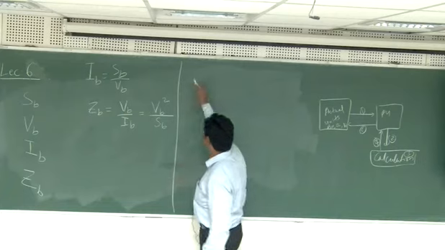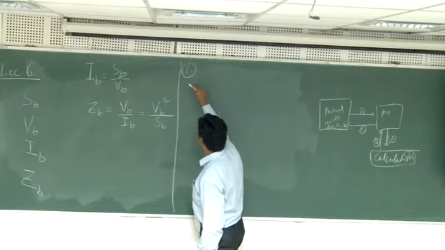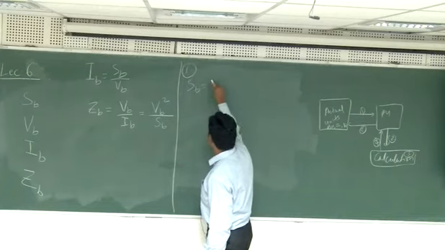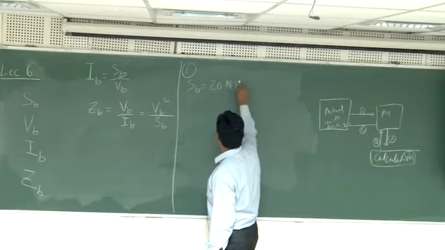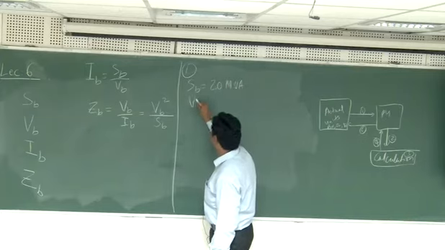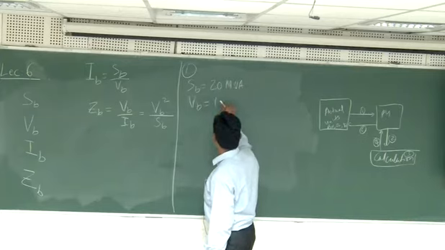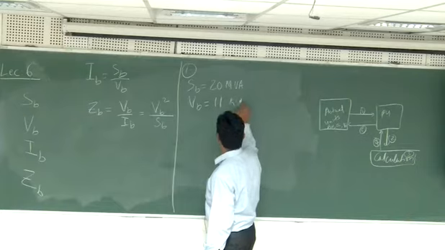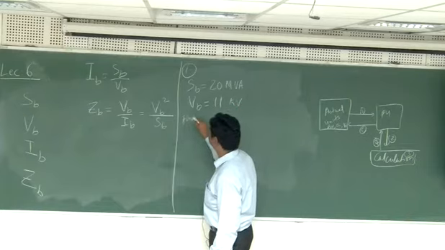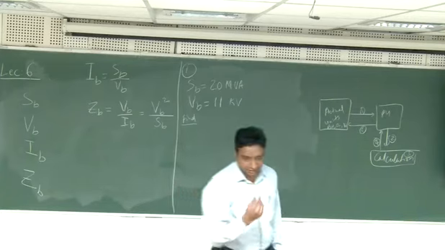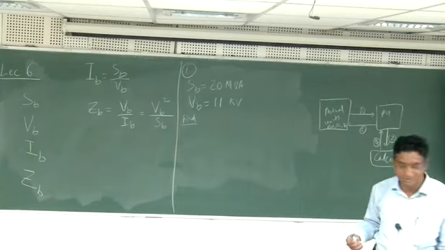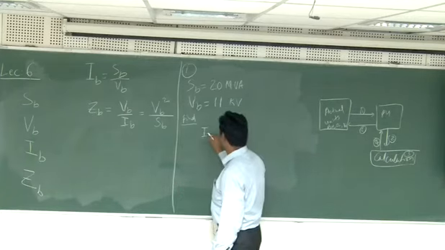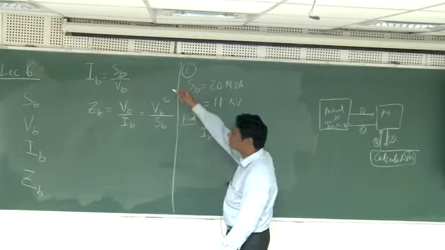Let's say this is an example. S base is 20 MVA, and V base is 11 kilovolts. Find I base and the Z base, or the impedance base. So what is I base? S base by V base.